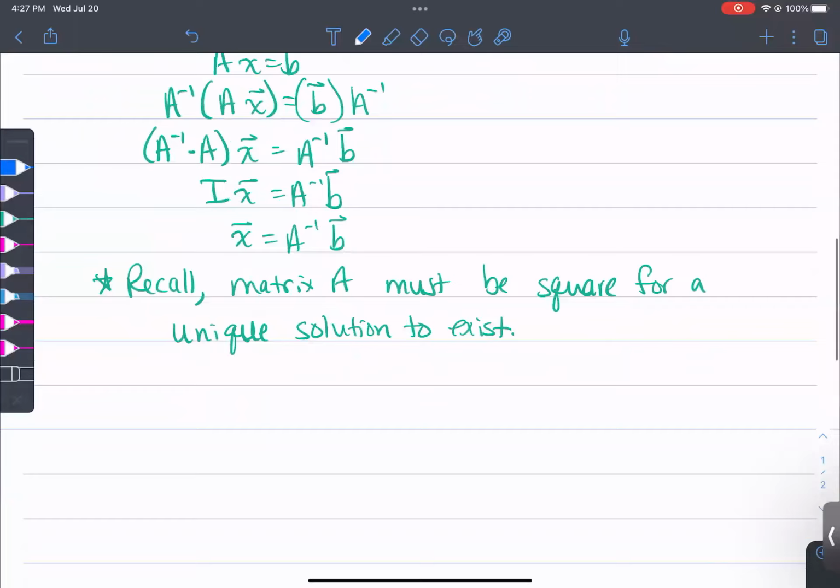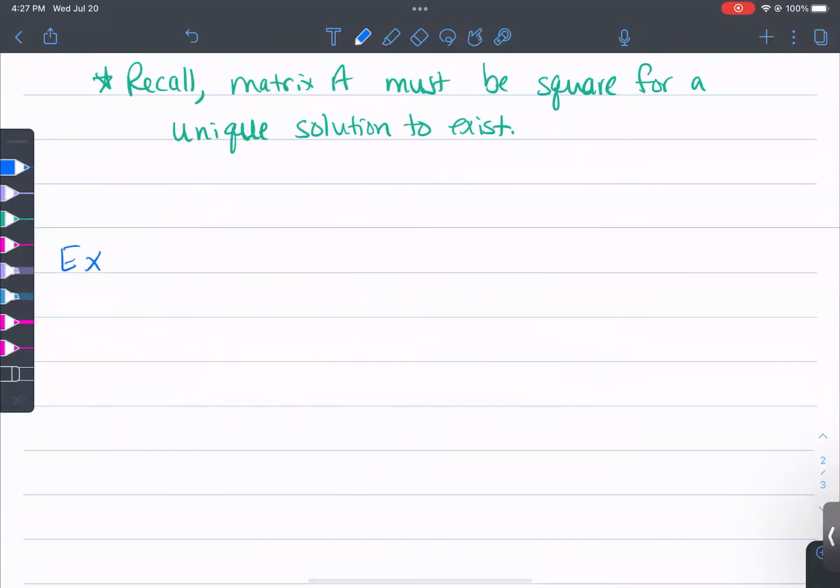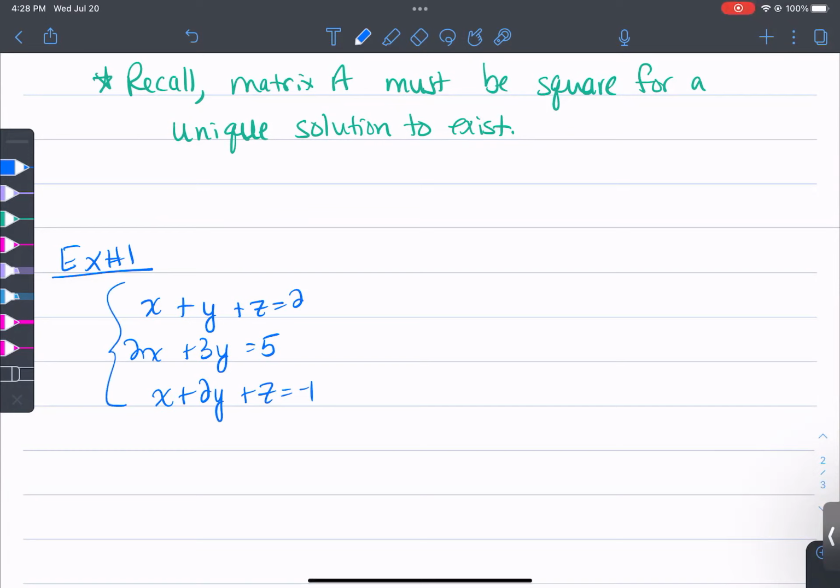All right, so moving into our first example. Our system here. This is our system. So the first thing we do is write the system as a matrix equation.